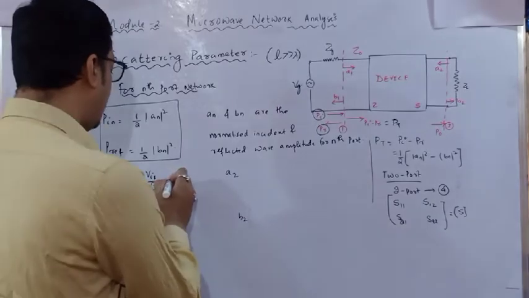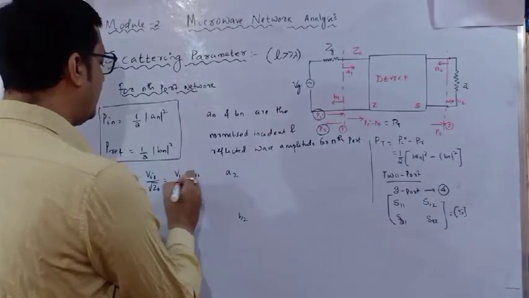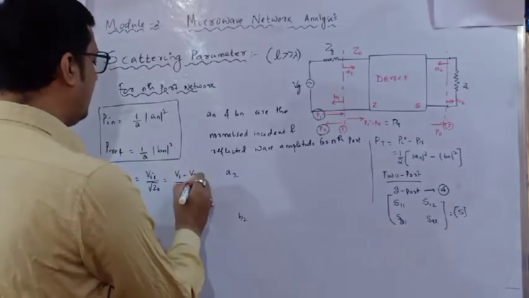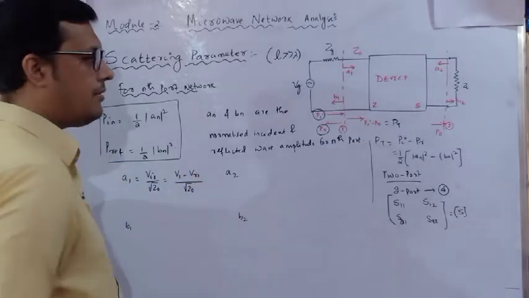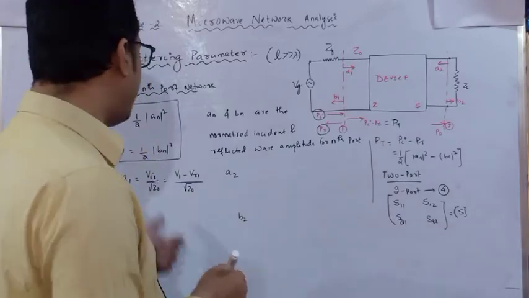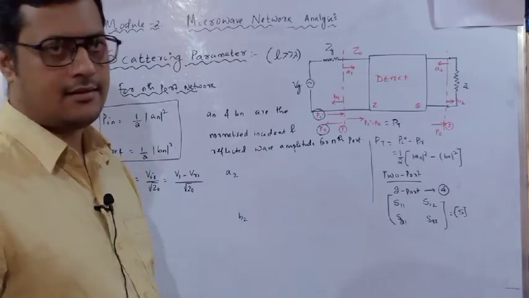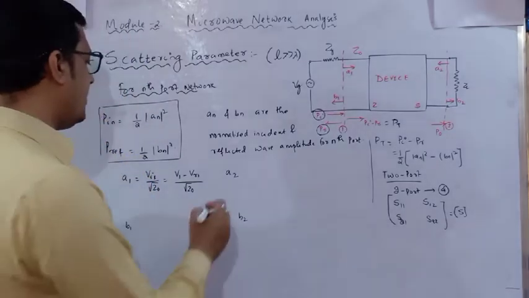But what is Vi1? Vi1 is V1 minus V reflected 1, divided by root over Z0. As I have told, it is a normalized component, so that means you have to divide by root over Z0. This is the standard relation. So this is for A1.